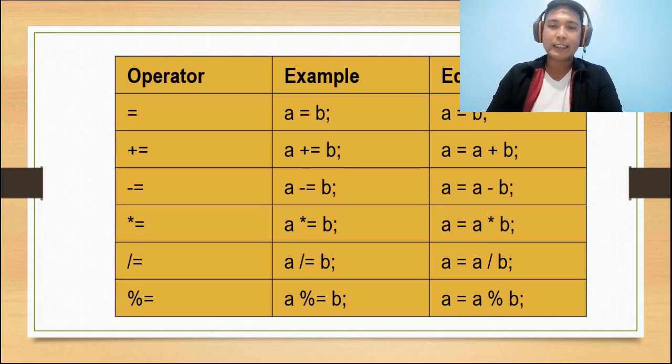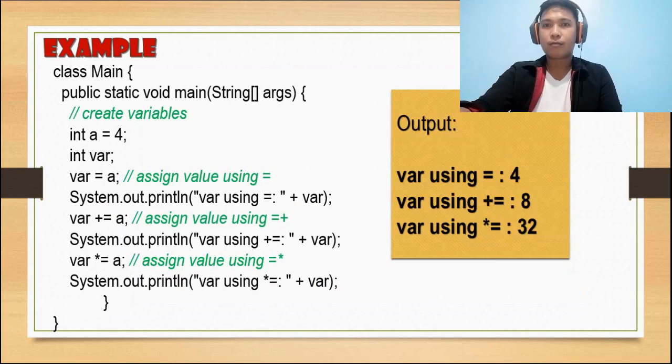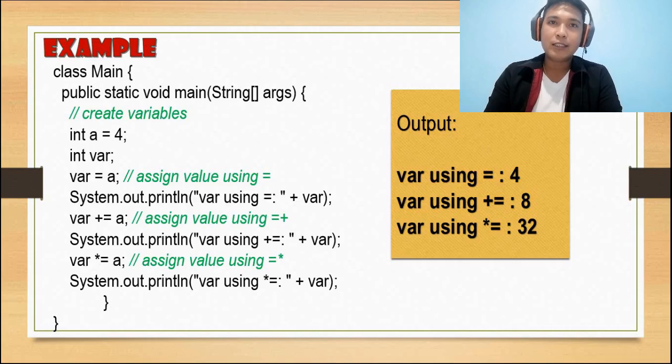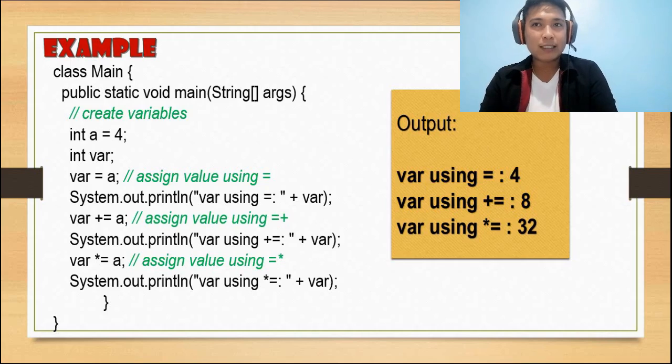So I have an example here. We have int a is equals to 4. Then we have an int variable that has no value. Let's say variable is equals to a, meaning variable is equals to 4. Since the value of our variable a is 4, we assign the value using the equal sign.